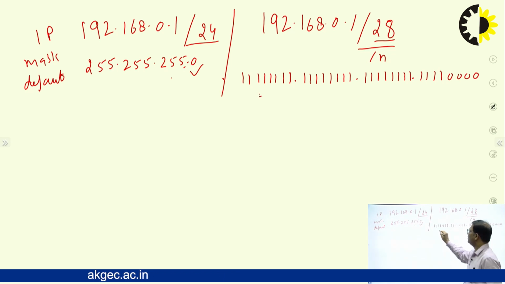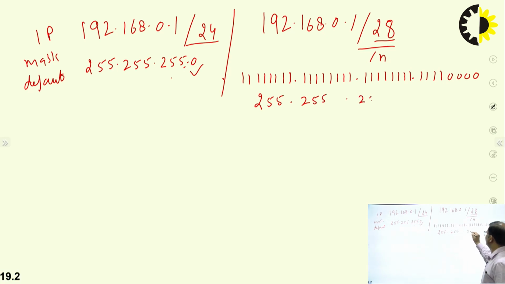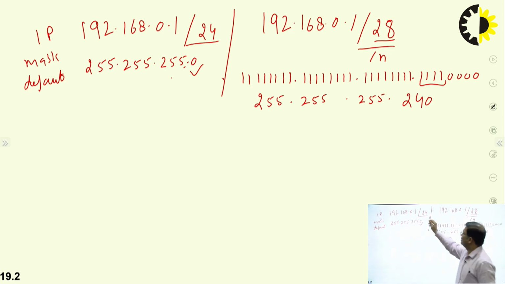We can rewrite it in decimal notation as 255.255.255.240. If you convert 240 into binary, you get the last block. So this is not the default mask; this is the mask generated by /28.